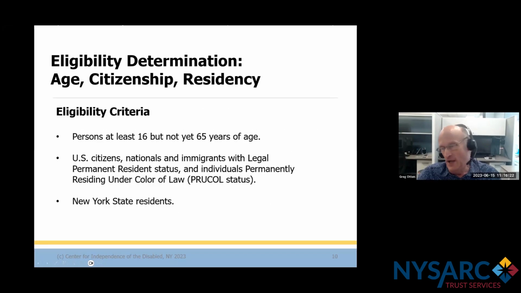So right now it's 16 up to the 65th birthday. Immigration wise, it's the same as regular Medicaid. US citizens, nationals, and immigrants with legal permanent resident status and PUCAL, permanently residing under color of law, are eligible and have to be a New York State resident.